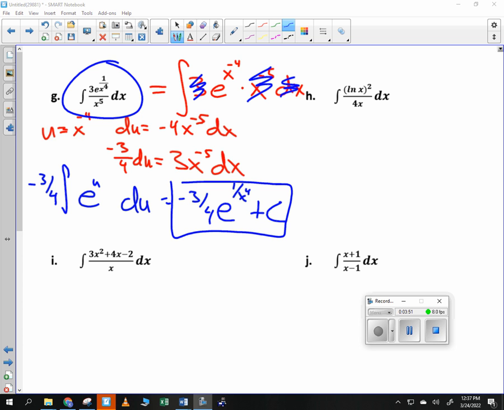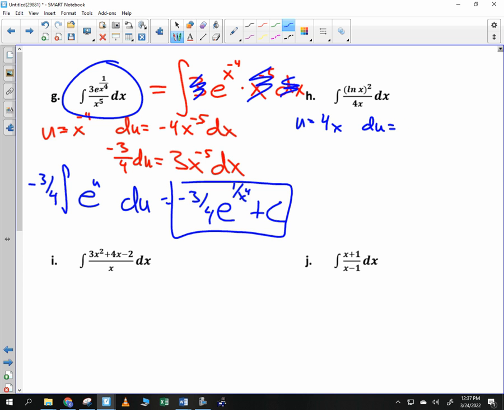All right. In this situation here, what do you want u to be? Let's just take a thought. Don't write this down, but suppose u is 4x, then du is equal to 4 dx, right? And you can see that that doesn't really help us, because you don't end up getting rid of the natural log.